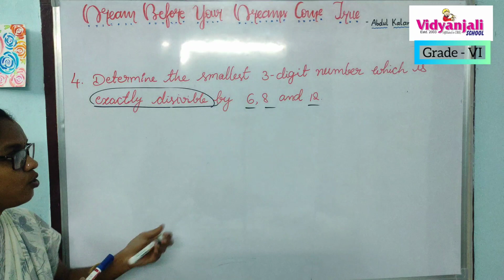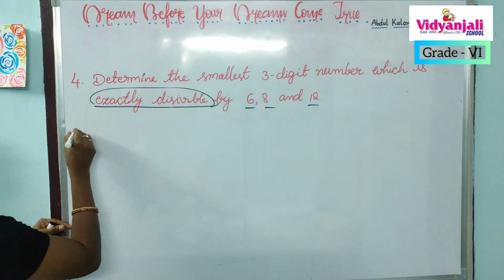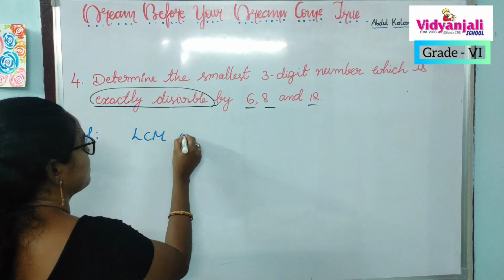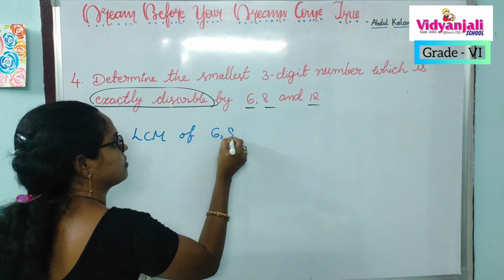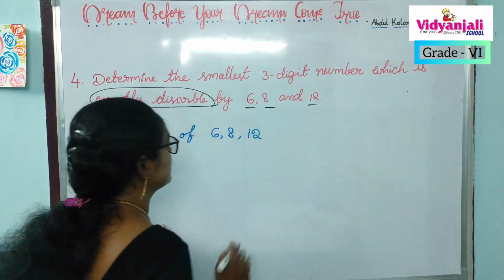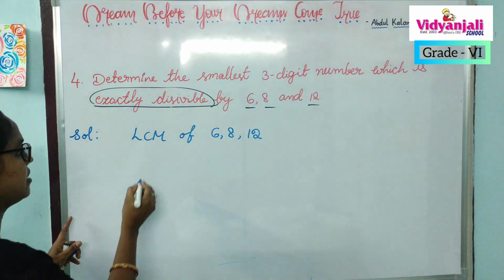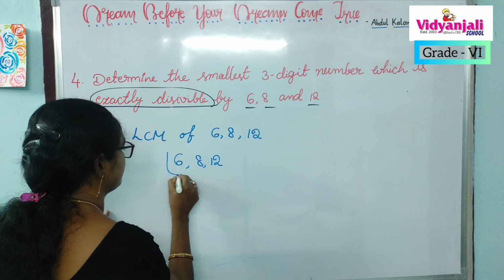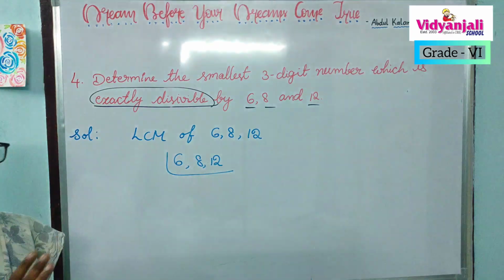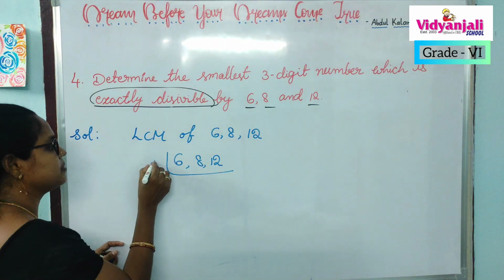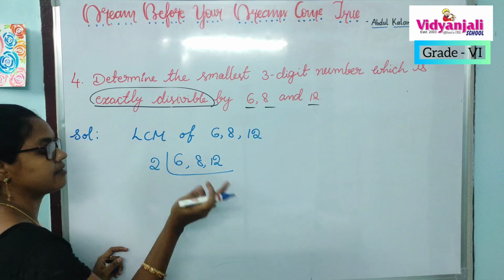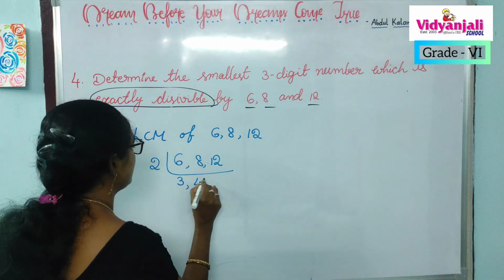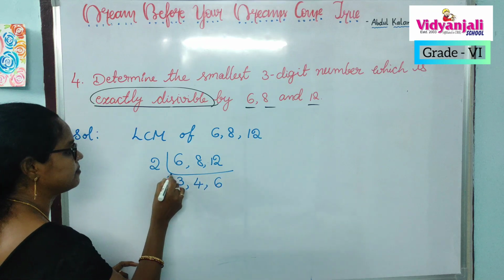Let's do the LCM of the given numbers 6, 8 and 12. In which table are these three numbers divisible? 2 table, as these three are even numbers. 2 3s, 2 4s and then 2 6s, right?